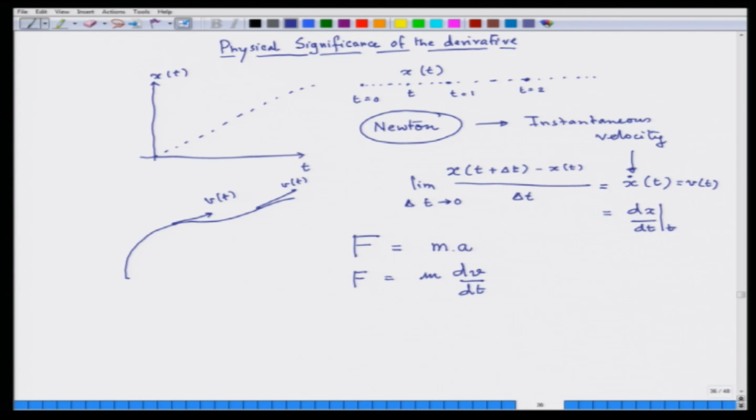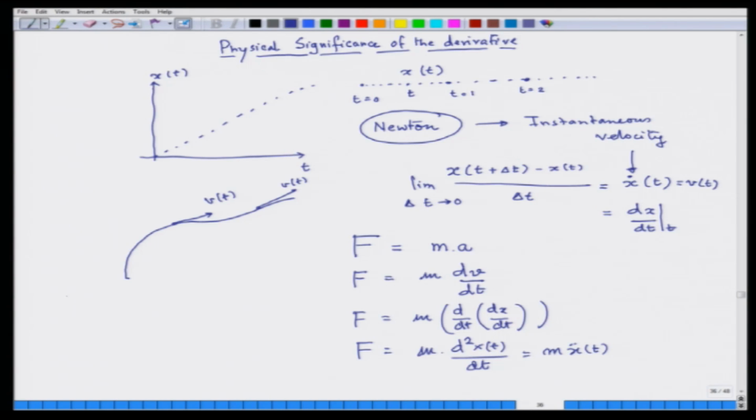Now, because V is again dx by dt, you can write this as m times d by dt of dx by dt. So, basically this is the second derivative. The force is mass into the second derivative of the distance with respect to time. Sometimes it is also written as m x double dot of t.